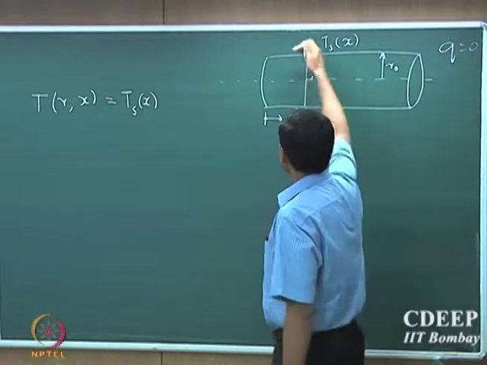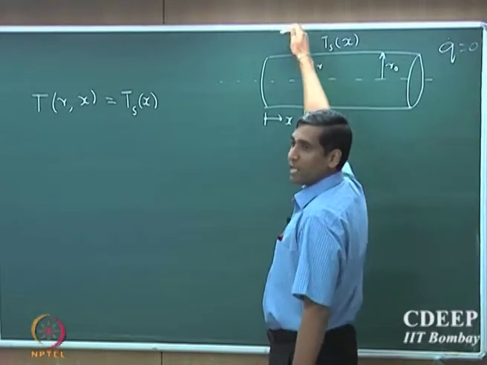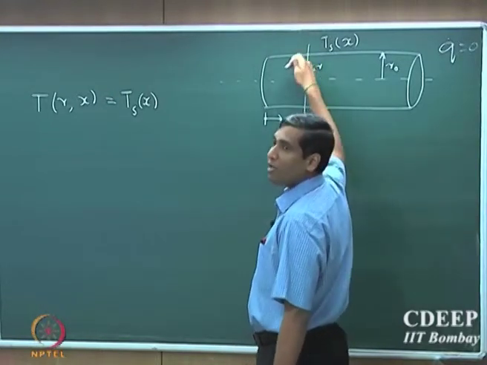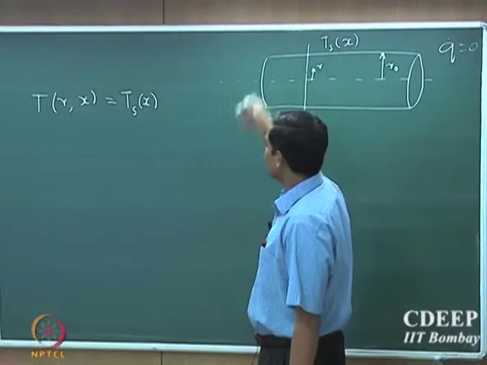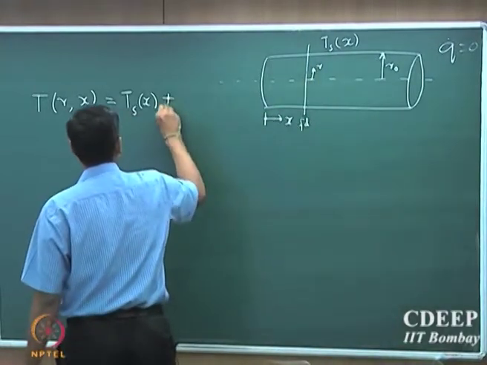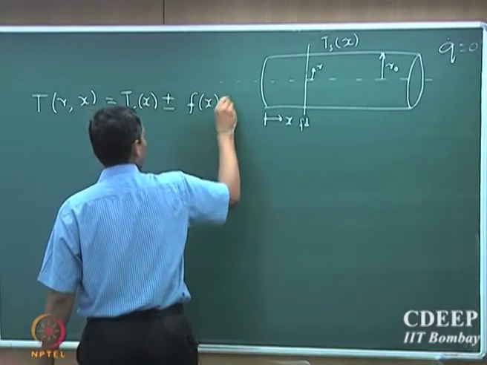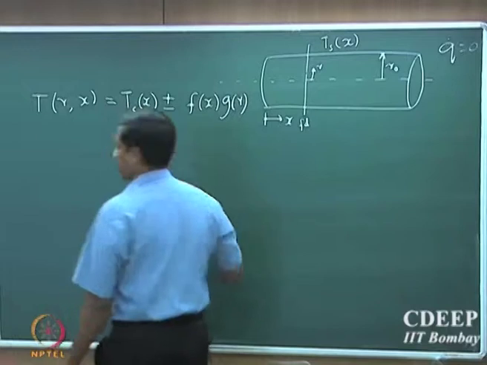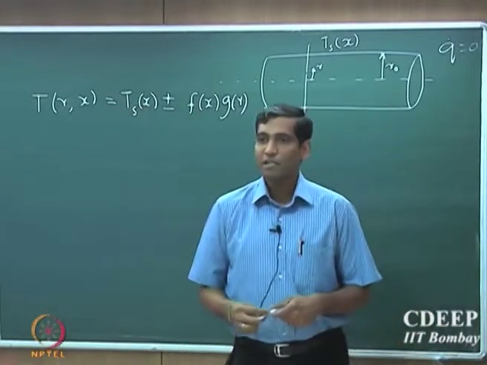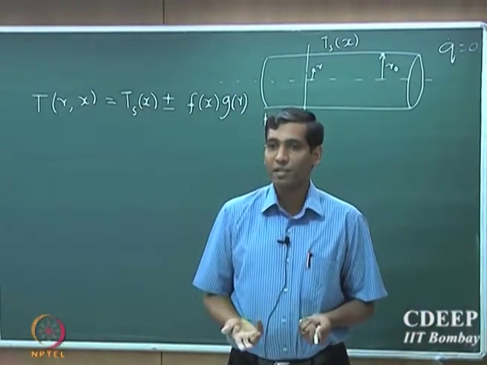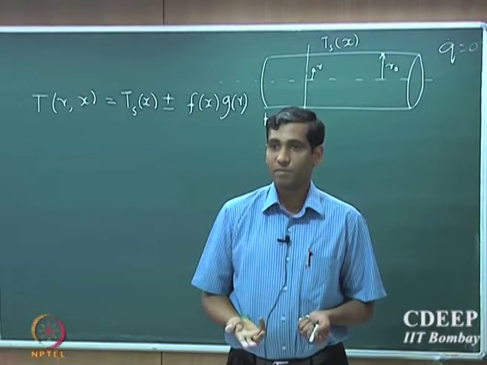So if we assume that there is heat that is being supplied from the external region to the fluid or from fluid to the surface, so the general solution will be Ts plus or minus some function of x and some function of the radius, right. So that is the general form of the temperature distribution, right.